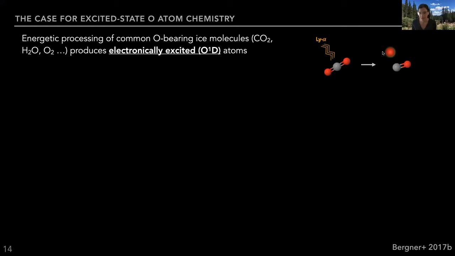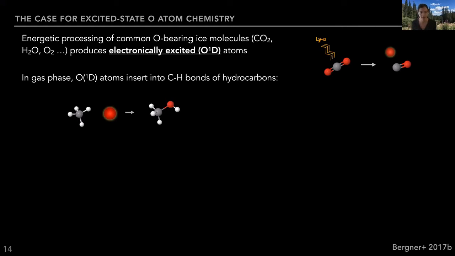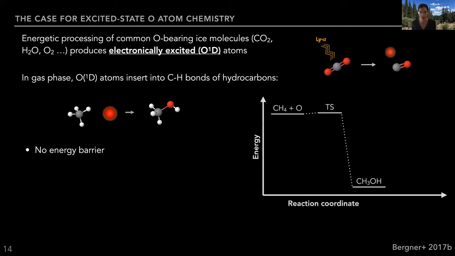In the gas phase, we know that these oxygen atoms have a very special property where they can insert directly into the carbon-hydrogen bond of hydrocarbons to form an organic. Here's an example showing methane reacting with oxygen to form methanol directly. In the gas phase, this chemistry proceeds with no energy barrier and has a very favorable formation of your organic product.